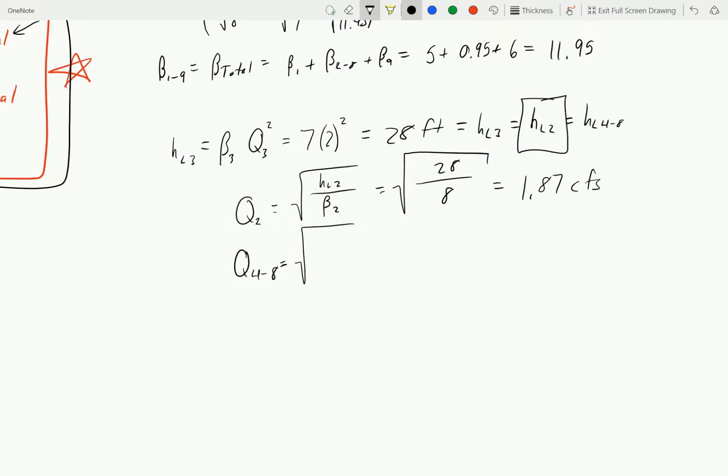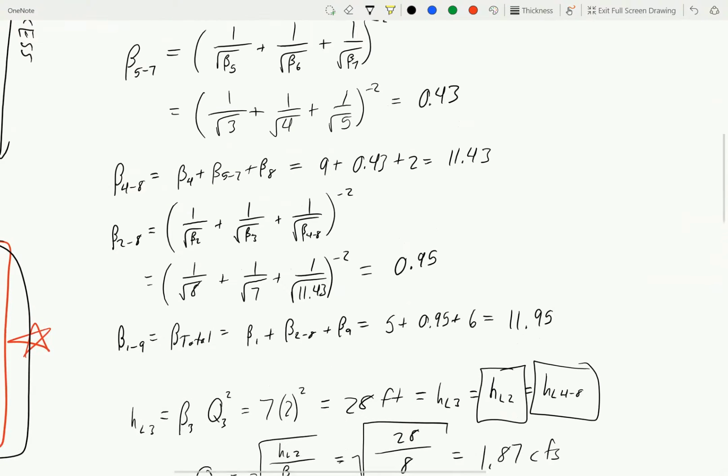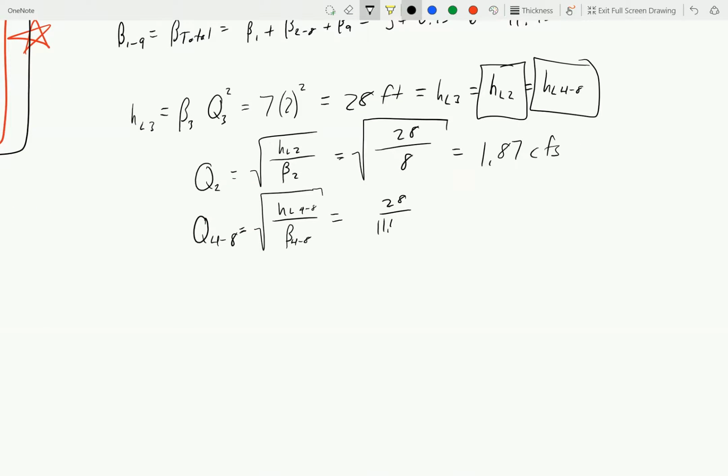That's the square root of the head loss of 4 through 8 over beta 4 through 8. We have both of these values. Again, 28 for the head loss because it's equal to the head loss of 3 and of 2, and beta 4 through 8 we calculated here to be 11.43. And we get a value of 1.57 cubic feet per second.